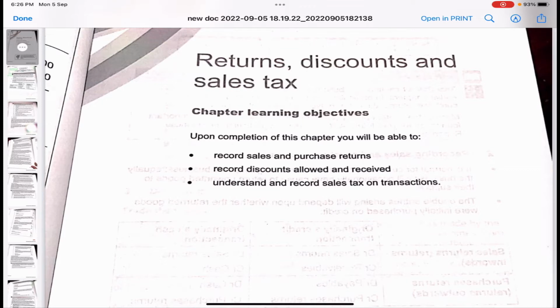Okay, so these are the items which are to be learnt in this chapter. Now let's move on. Yeah, my pen was not working, now it's working.